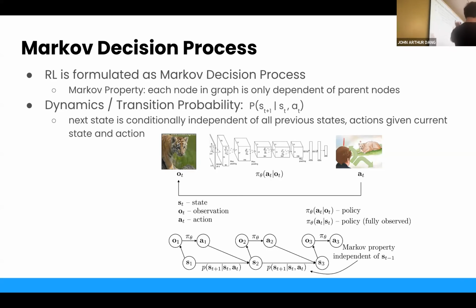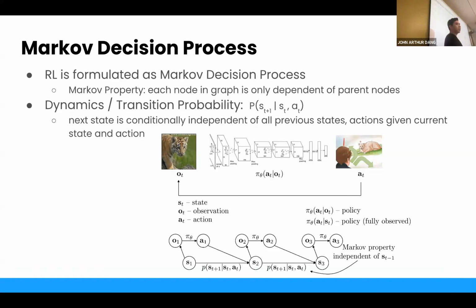In reinforcement learning, there's another probability distribution you need to be aware of, and that's the dynamics or transition probability. This defines some probability over next states, so states at time t plus 1, given your current state and the action you take at that state. So this tells me if I'm a robot and I see something and then I take this action, what's the distribution of next states going to look like?